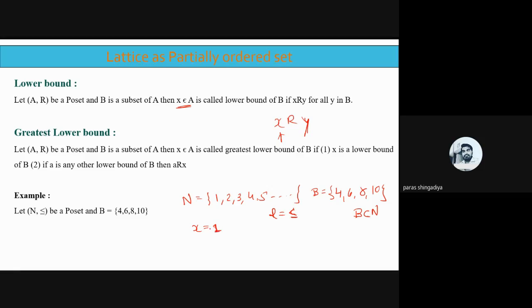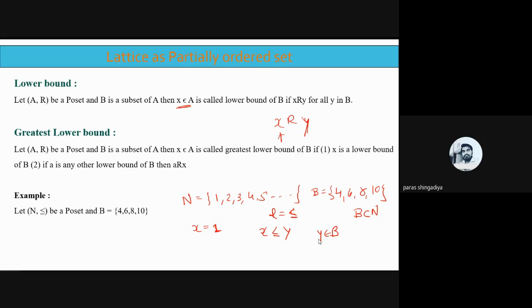X equal to 1, and you have to check X R Y, meaning X related to Y, where the relation is less than or equal to, and Y you have to consider from B, Y belongs to B. For every Y belongs to B, if X less than or equal to Y is satisfied, then such X is called a lower bound.